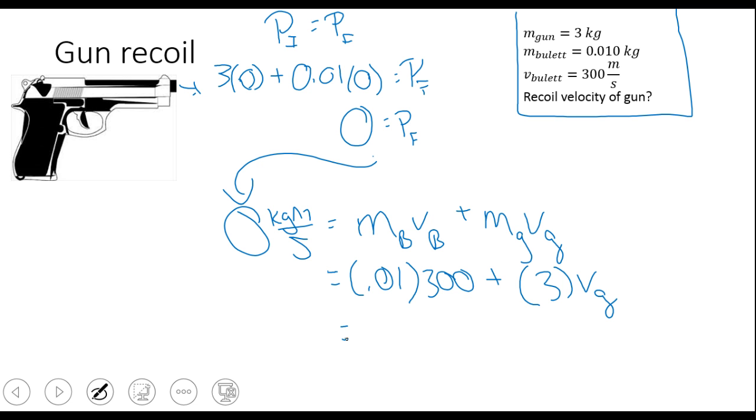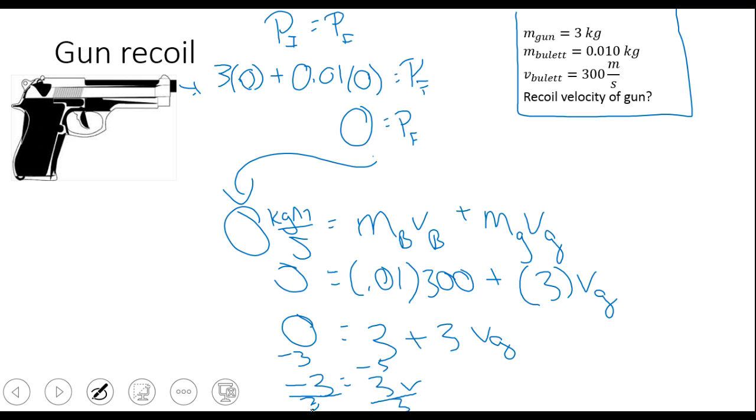0.01 times 300 is going to be 3, plus, I'll just bring down the things I didn't do anything to. 0 is still over here. And then to solve, I need to subtract 3 from both sides. Minus 3 equals 3 v_g, and then I would divide both sides by 3, and what I find is that the final velocity of that gun is going to be -1 meters per second.